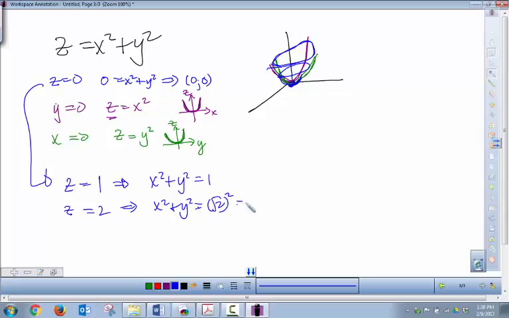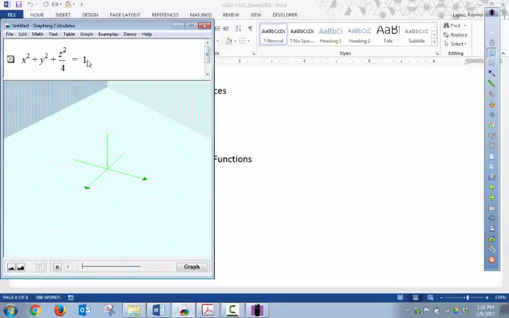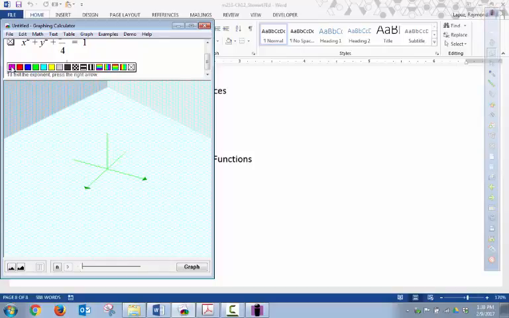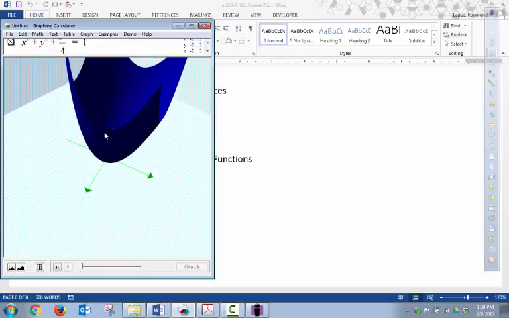Because it's actually just equal to 2, but I want it to look like r squared. So let's graph it. Now this is a weird drawing.